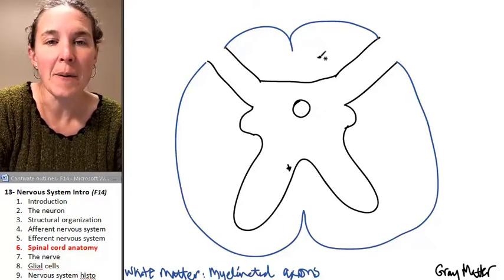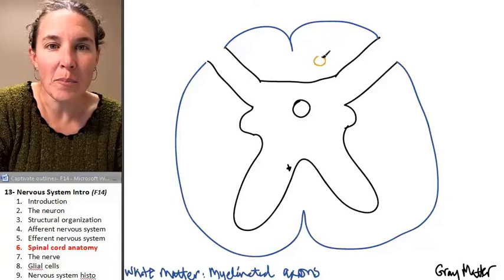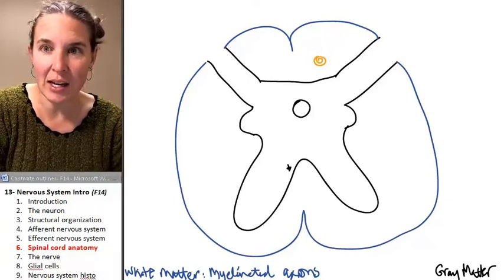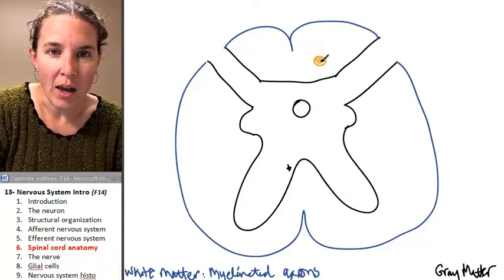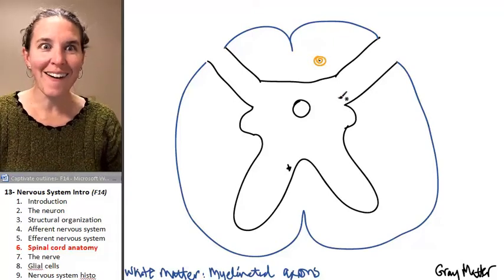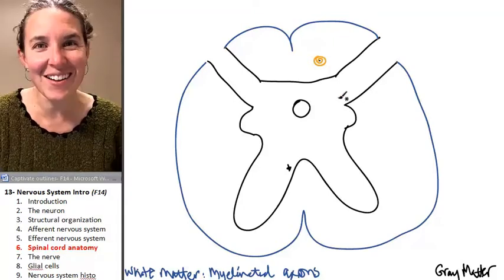Yellowy is good. Here's a little bubble of myelin. Kind of looks like a little cinnamon roll. And no, I'm not hungry. And there's a little dot in the middle of it. What's the dot? That's the axon, dogs.